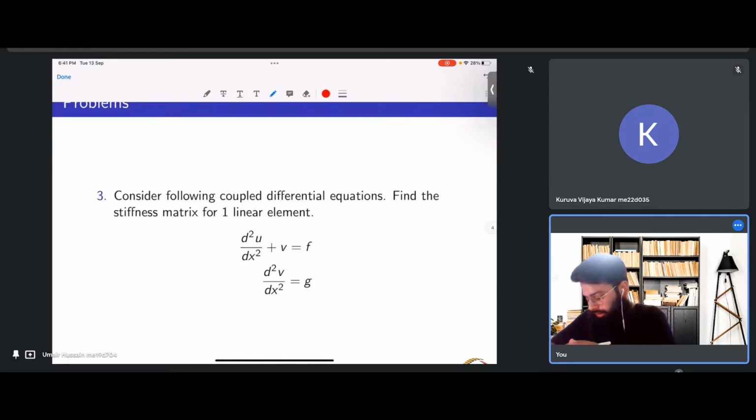Okay, then the third question is, consider the following coupled differential equation. Find the stiffness matrix for one linear element. Fine, can do this. So first thing first, we need to find the weak form. So we'll do it for the first equation.